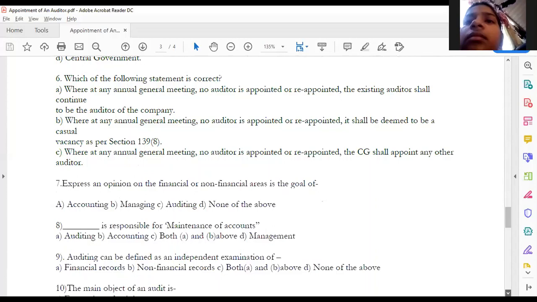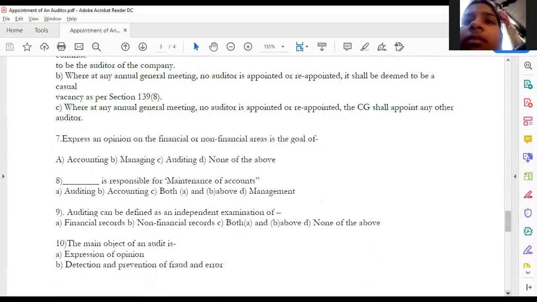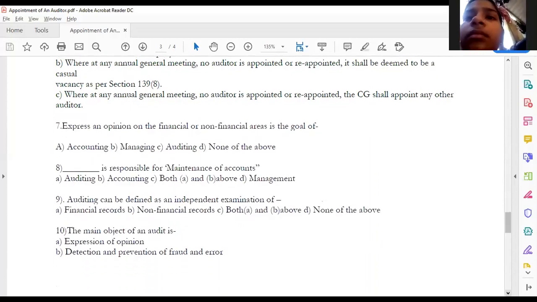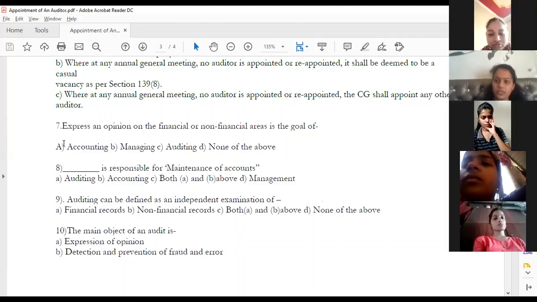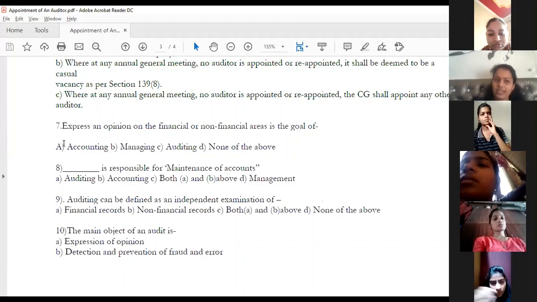Okay, three more questions to go. Expressing an opinion on financial statements is the goal of what? Is it accounting, managing, auditing, or none of the above?